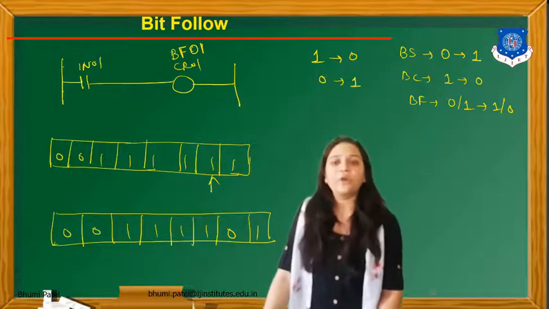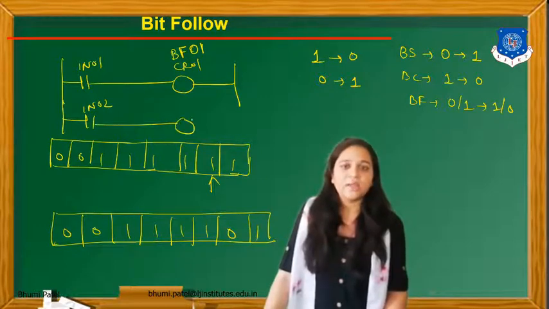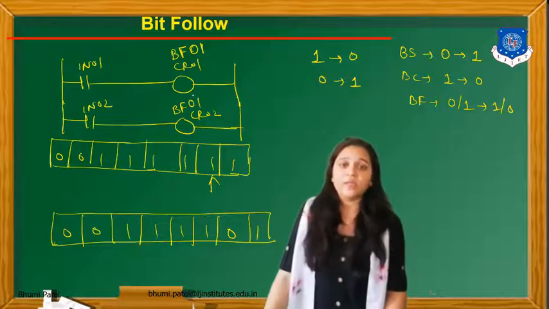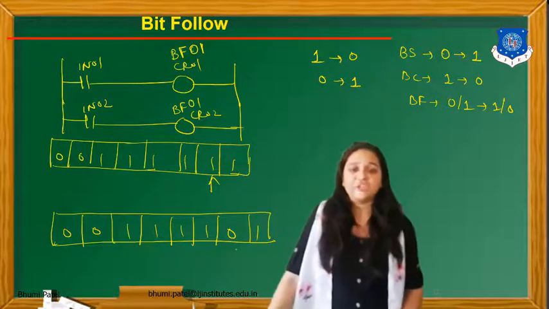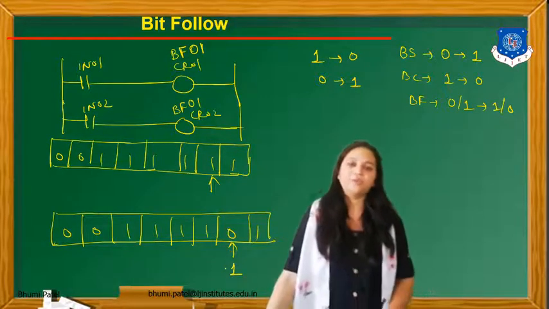If we have to draw the ladder diagram for the 2nd rung, this is my second switch, and again we connect here the second output CR02, and if we write again the same command BF01, it will change the value from 0 to 1, here 1 to 0, then 0 to 1.